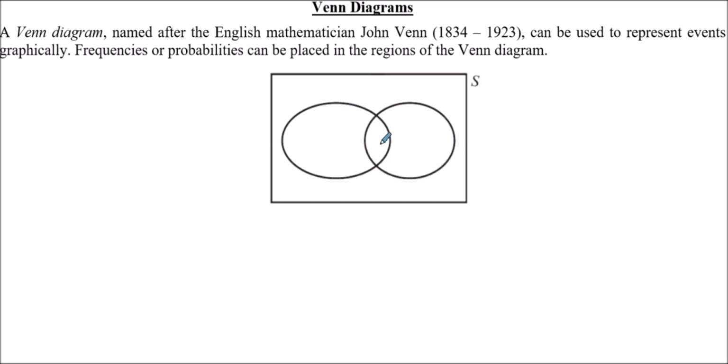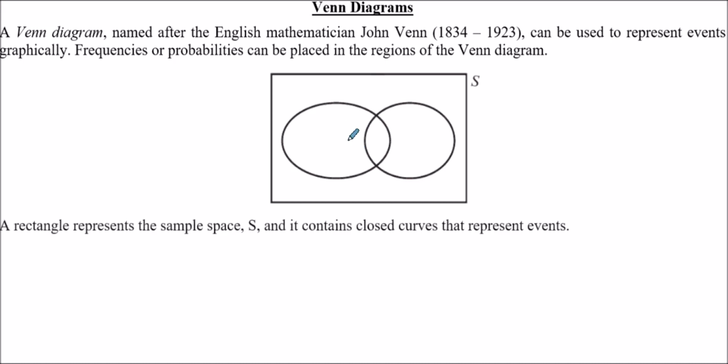This bit in the middle is the overlap of the two events, and anywhere outside of these two ellipses would represent any value which doesn't have anything to do with event A and event B. So the fancy word for all the values is the sample space. So S is just all the possible values, and the closed curves, the ellipses, represent the events.